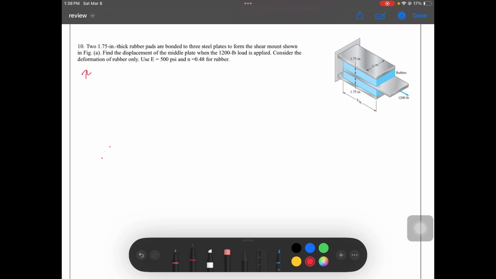Meron tayong shear stress is equal to G times gamma. Meron tayong equation for G which is E over 2 times 1 plus Poisson's ratio. And then to get yung linear displacement, it is gamma times R.